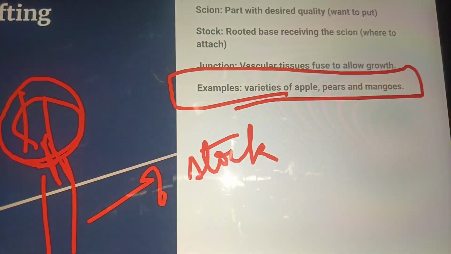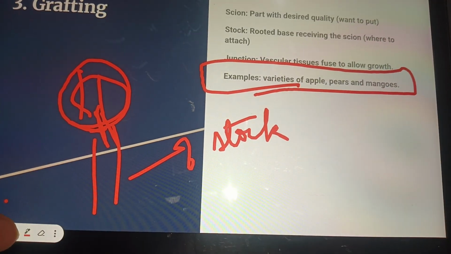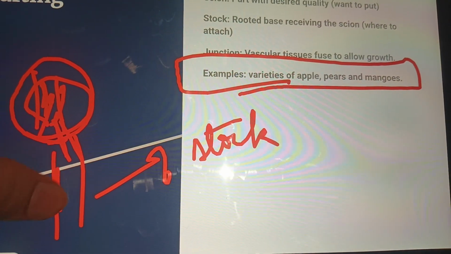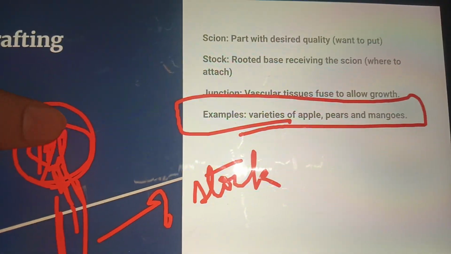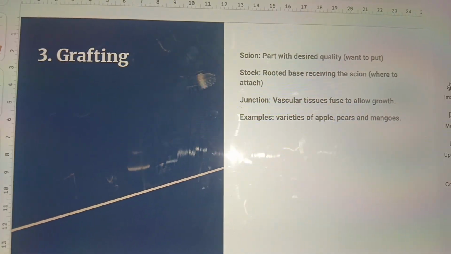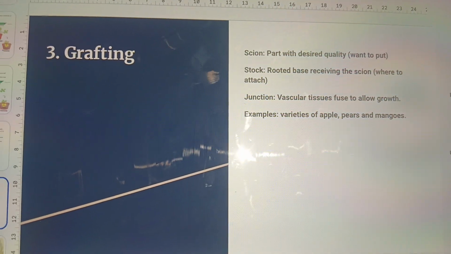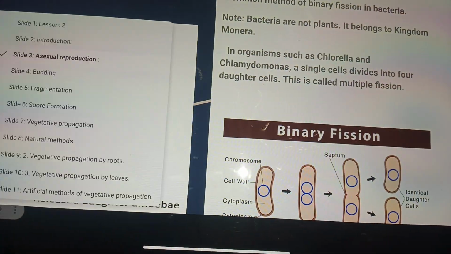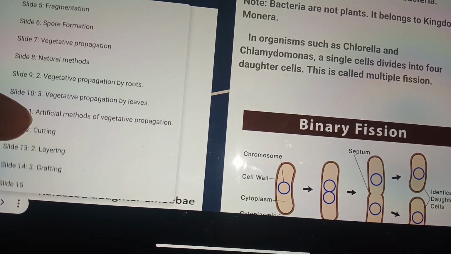Is that clear? Junction means fusion of both the vascular tissues. Here also there will be xylem, here phloem, here xylem, here phloem. So both have to fuse together. Is that clear?